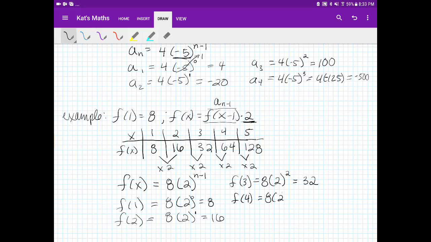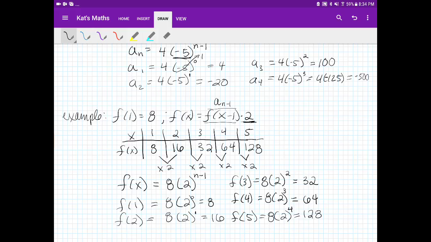f(4) is 8 times 2 to the 4 minus 1, so that's the third power. That gives us 8 times 8, which is 64. And then f(5), so 8 times 2 to the 5 minus 1, or fourth power. So that's 16 times 8, which is 128.